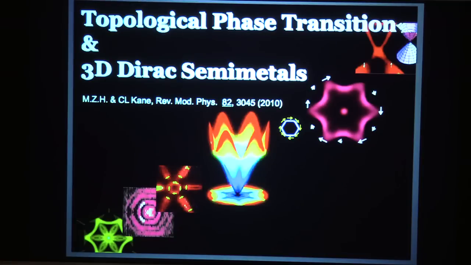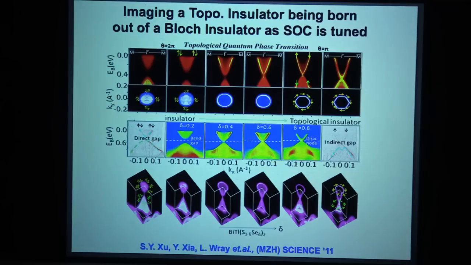Actually, the first example of a topological phase transition involving a topological insulator is already described in my earlier review paper. There the idea is that you start with a topological insulator and reduce the spin orbit coupling. If you reduce it too much, for example when your sample is mostly selenium instead of sulfur, then you lose that Dirac surface state.